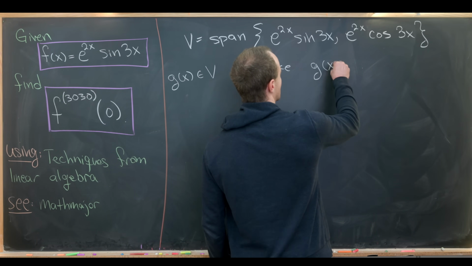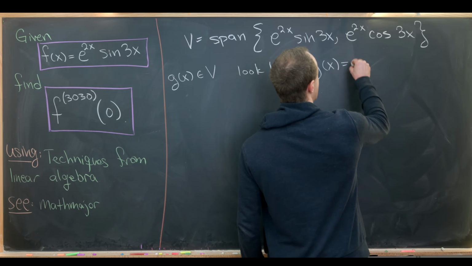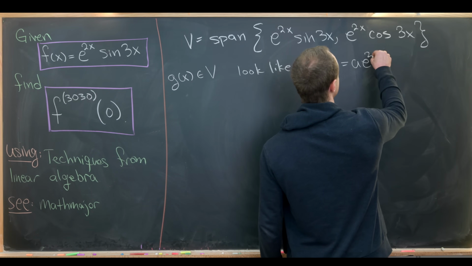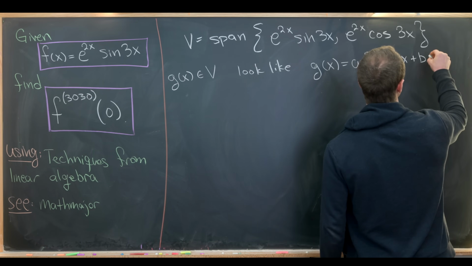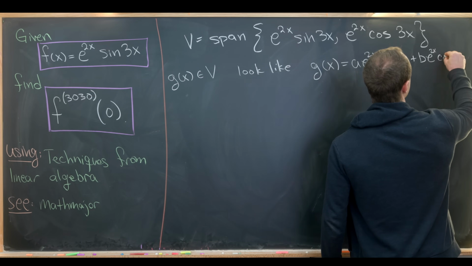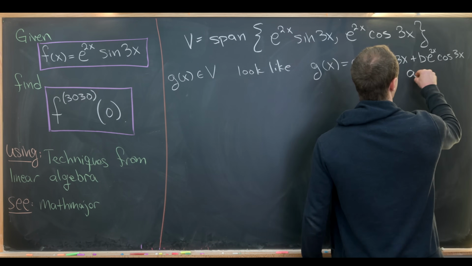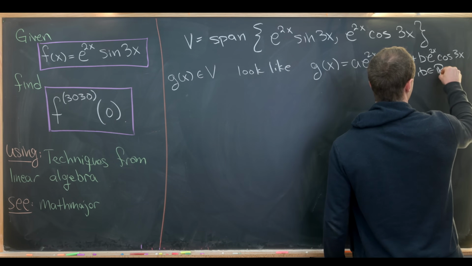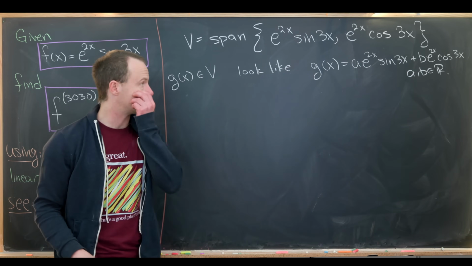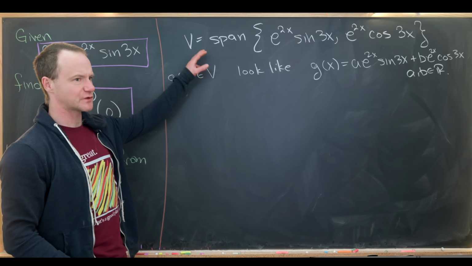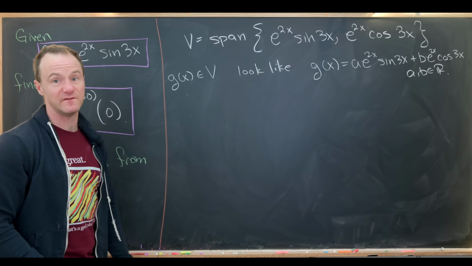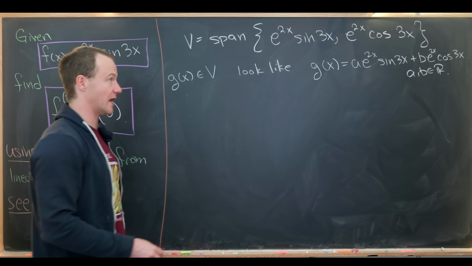But to be a little bit more clear, it looks like a times e to the 2x sine 3x plus b times e to the 2x cos 3x, where a and b are real numbers. Great. So what that sets up is some sort of an equivalence between V and just the real plane.